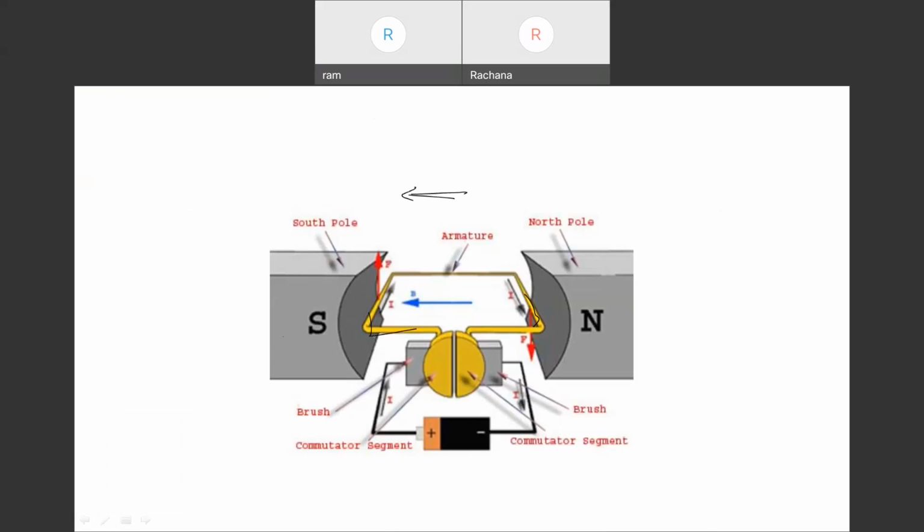Let's say our armature has only one single coil, and this is connected to the supply. So the current is flowing in this direction. Whenever the current flows, according to Fleming's left-hand rule, this part of the conductor will experience a force in the upward direction, and this part will experience the downward. And likewise, the coil keeps on rotating continuously.